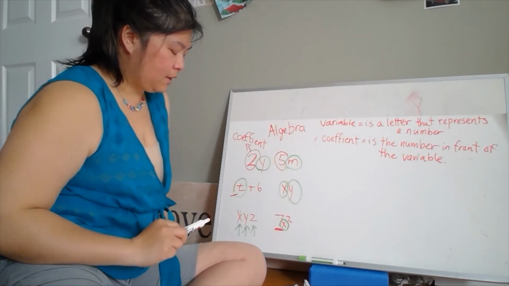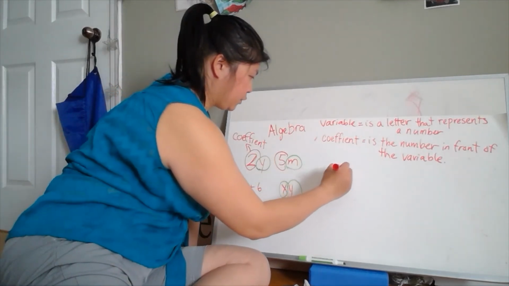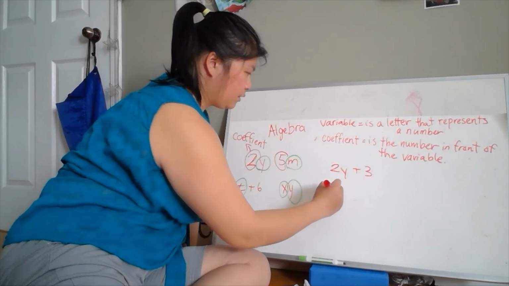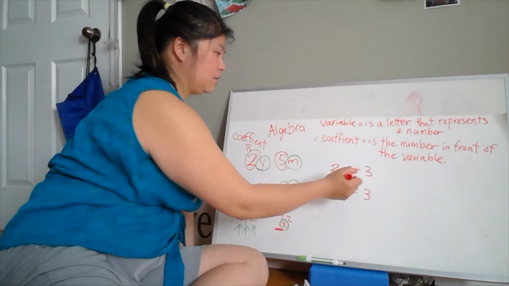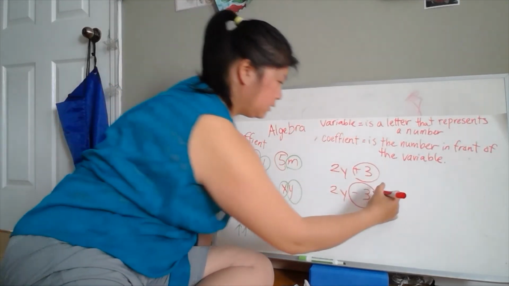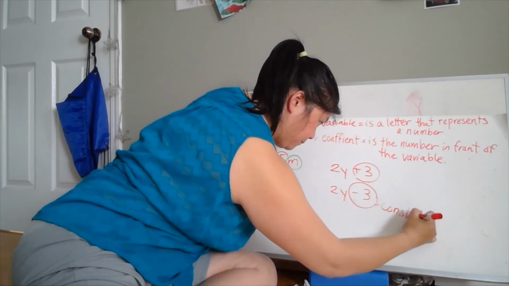And then when you write an expression, say if I use 2y plus 3, or 2y minus 3, this number here is called the constant.